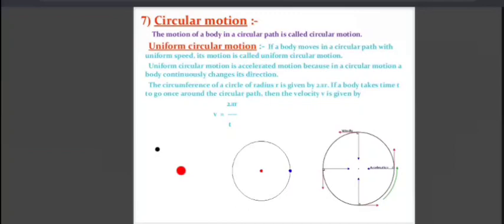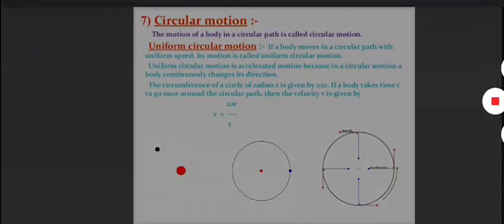Examples of UCM are the revolution of Earth or any planet around the Sun, or the revolution of the Moon around Earth. If you take an example from chemistry, then the revolution of electrons around the nucleus. Clear?